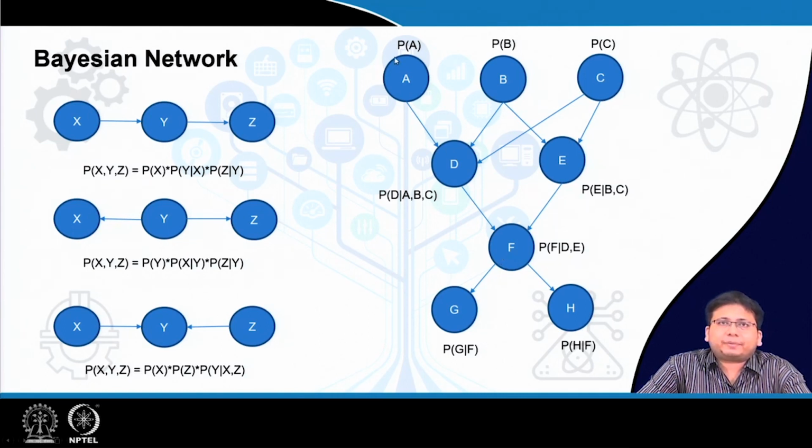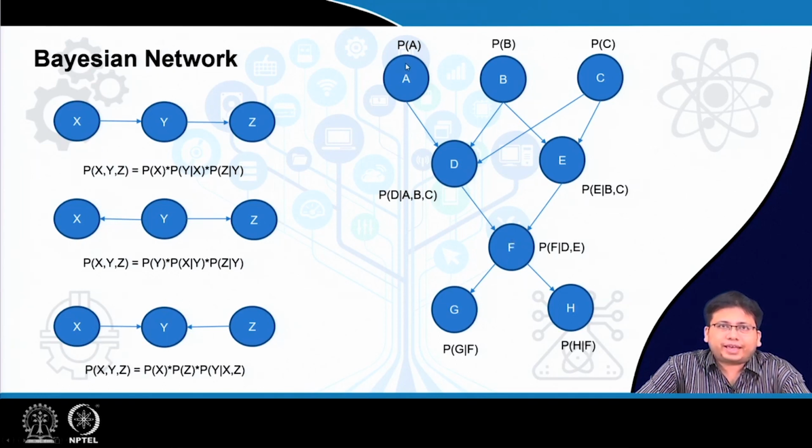So, because A or B or C are the ancestors of F, in general we cannot say that F is independent of A, B, C. Rather there is a dependence relation.